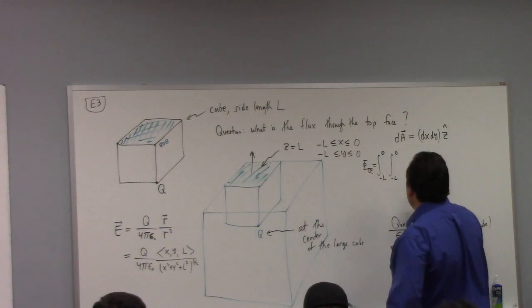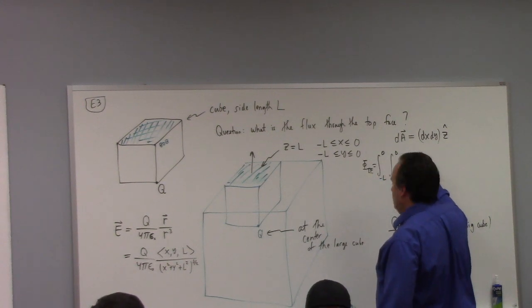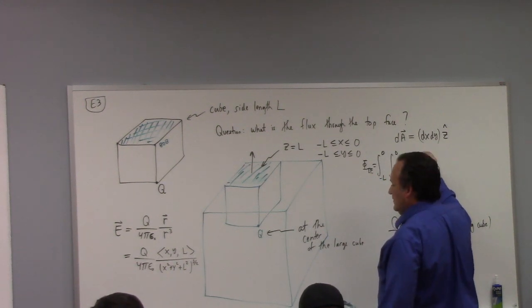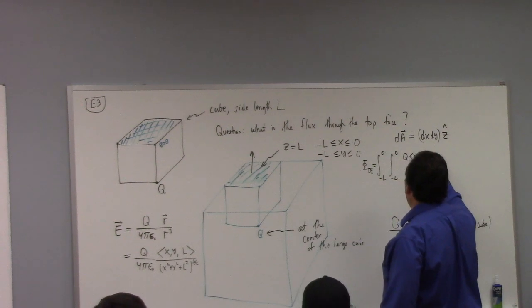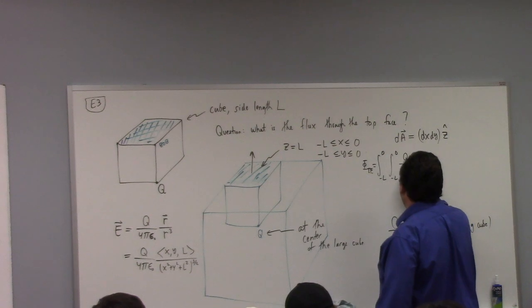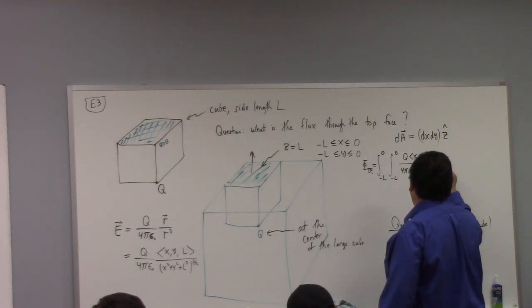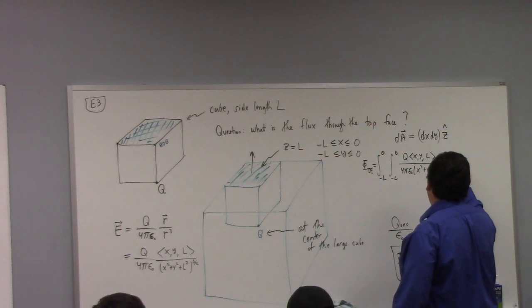So we just need to do that. Q times (x, y, L) divided by 4 pi epsilon naught times (x squared plus y squared plus L squared) to the 3/2 power.